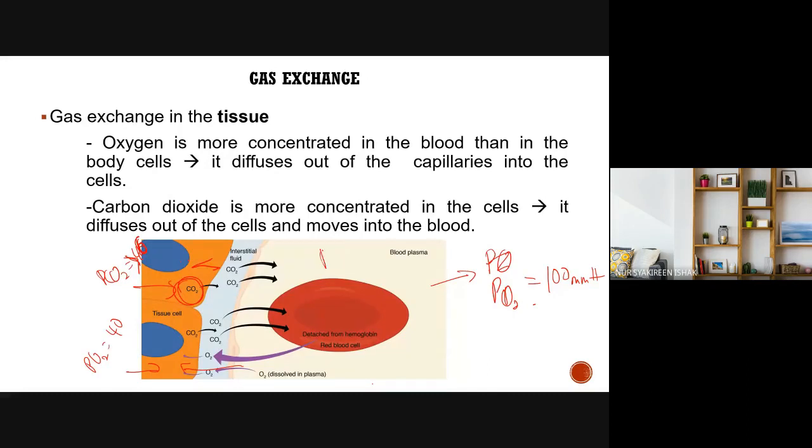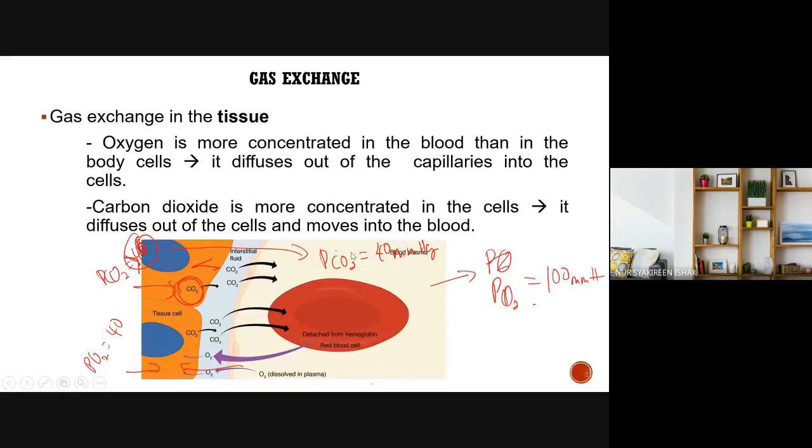In the blood, the partial pressure of carbon dioxide is around 40 millimeter mercury. So you can see it goes from 46 to 40, from high to low. So carbon dioxide is more concentrated in the cell. It diffuses out of the cell and moves into the blood.